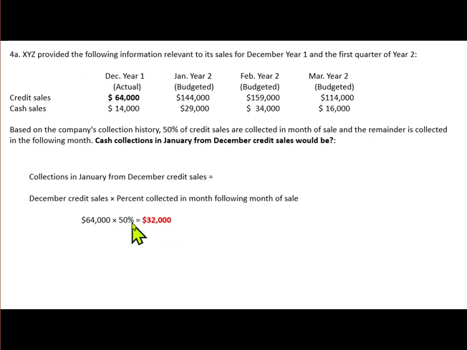And so this $64,000 worth of credit sales, half of that will be collected in January, and that's what they want to know. They want to know cash collections in January from December credit sales, and that would be 64,000 credit sales times 50%, which would be $32,000.